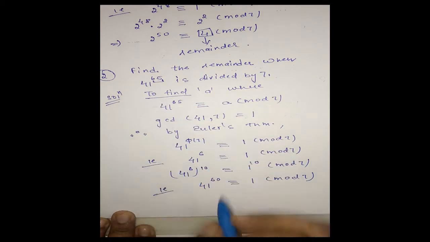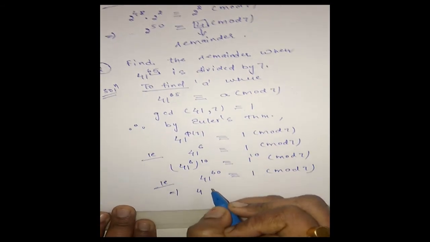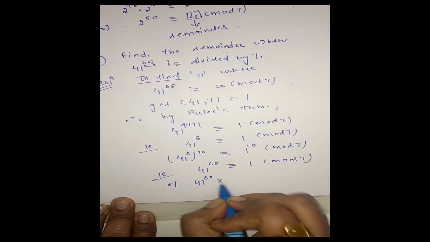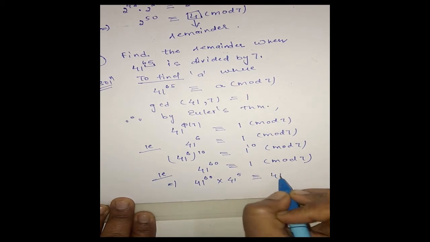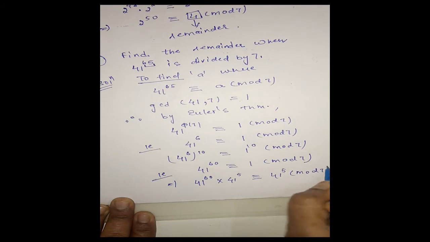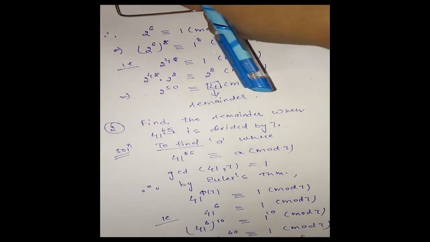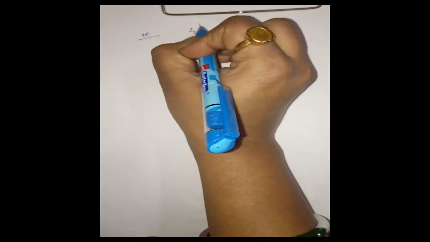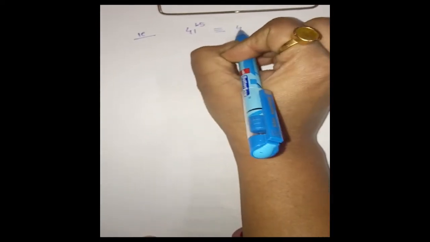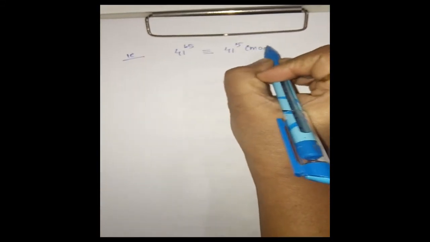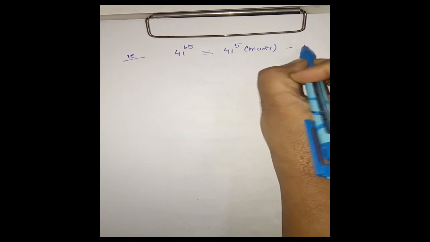Now we will multiply by 14 power 5 on both sides, which is congruent to 14 power 5 modulo 7. Clear? Now this will give us 14 power 65 is congruent to 14 power 5 modulo 7. Clear? Now mark this as 1.